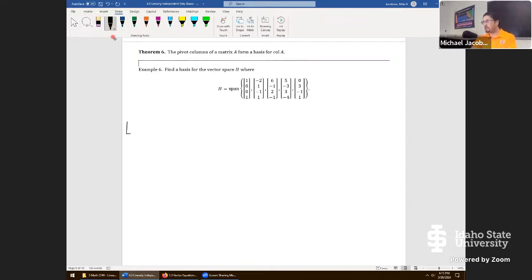Let A equal 1, 0, 0, 1, negative 2, 1, negative 1, 1, 6, negative 1, 2, negative 1, and 5, negative 3, 3, negative 4, and finally 0, 3, negative 1, 1.